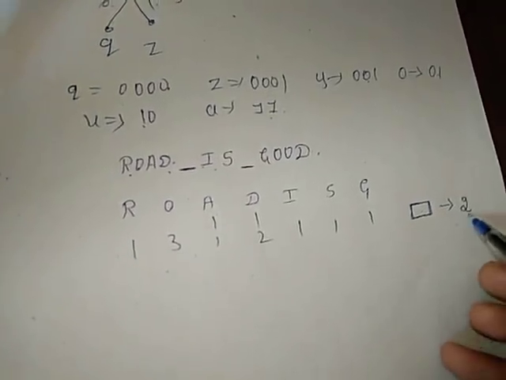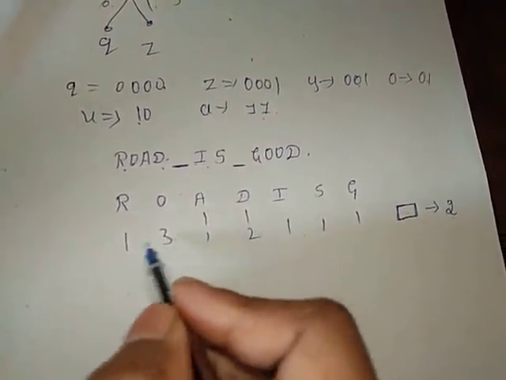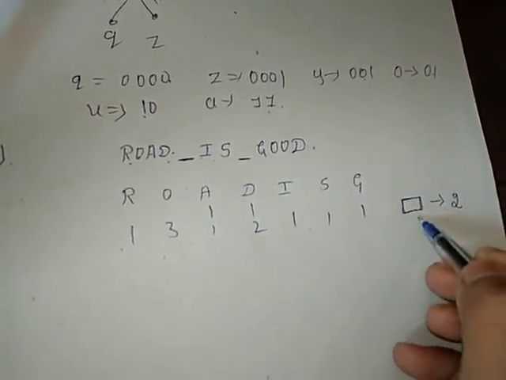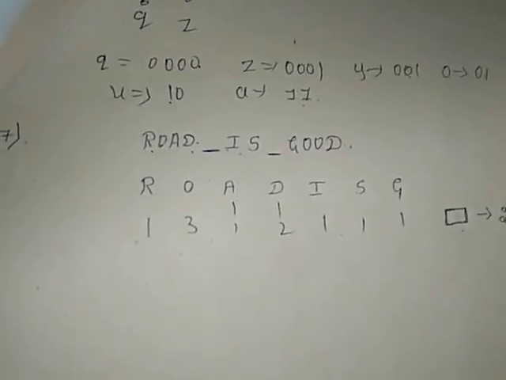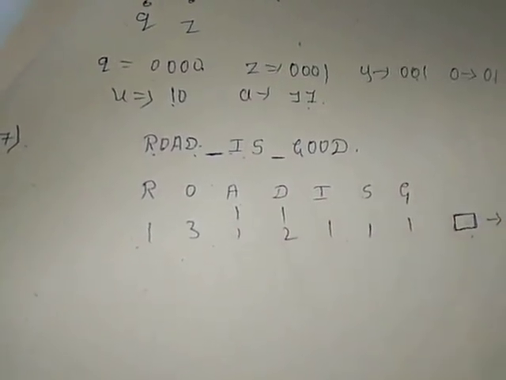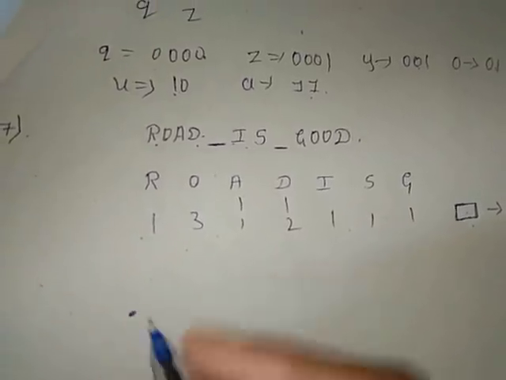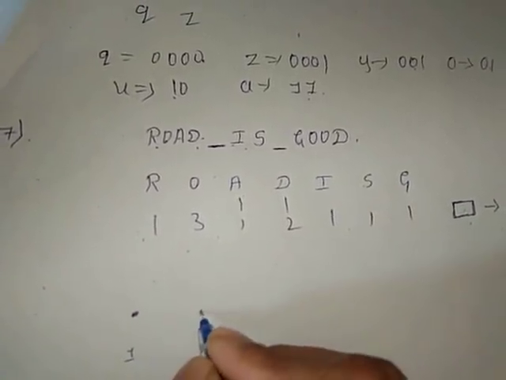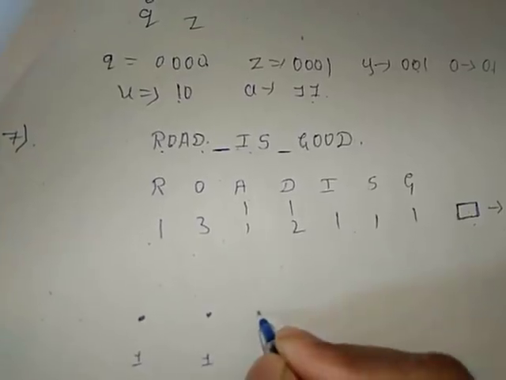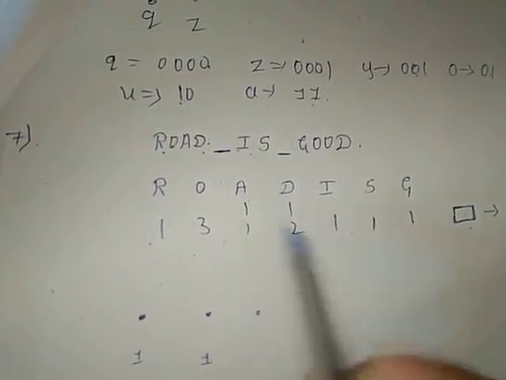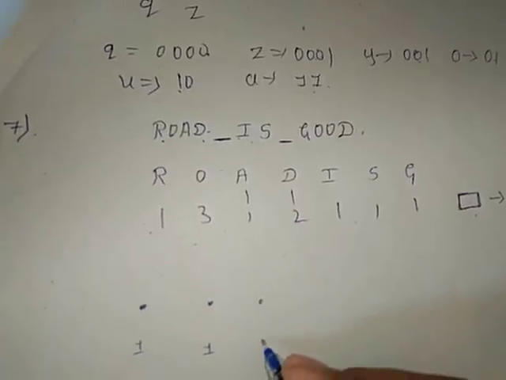So these are the weights for these letters along with the blank space. Now we have to arrange these in increasing order. 1, 1, 1, 1, 1, 1, 1, 1, 1, 4 times, sorry, 5 times.